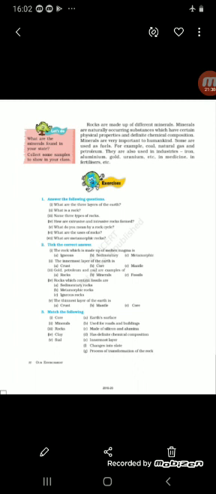Another question, the thinnest layer of the earth is crust, mantle, core. The thinnest layer of the earth is crust. Answer A. Okay. Now match the following. Core means innermost layer.